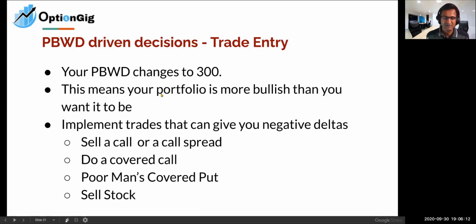And I think those momentum stocks should go up. Fine. Maybe then you're saying instead of 200, you are now comfortable with 300. Fine. Look at your PBWD and make sure that it is closer to 300 and then take decisions based on that. So this is one example of how you can use it for a trade entry.